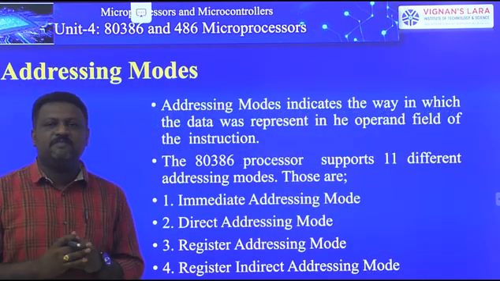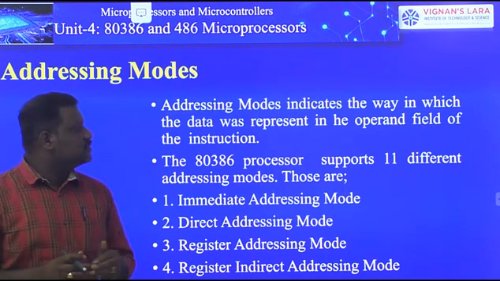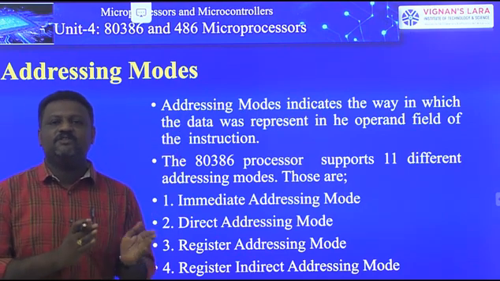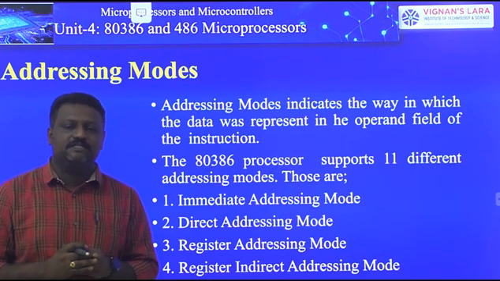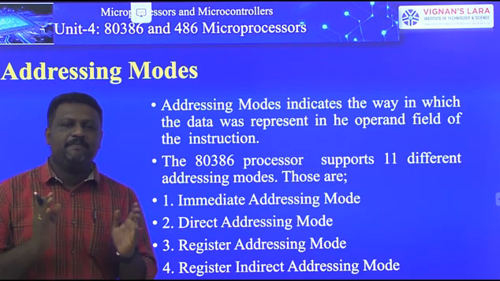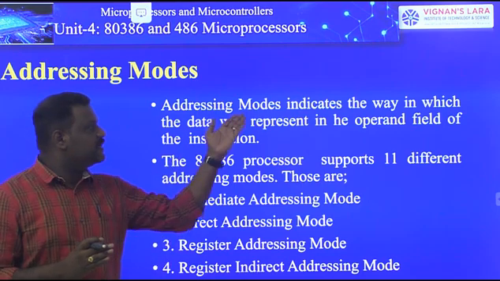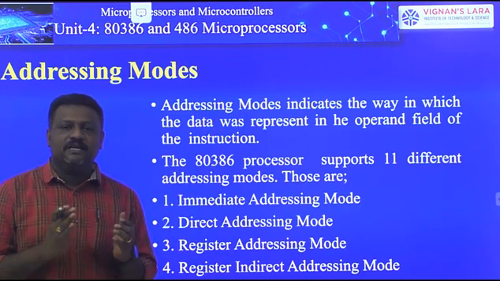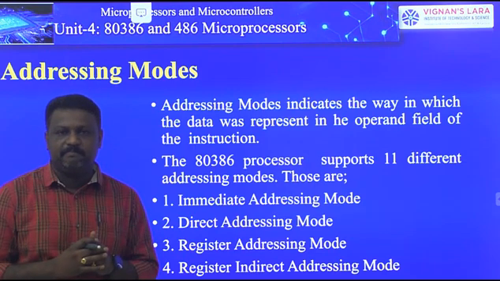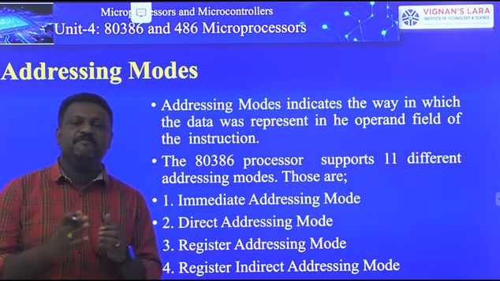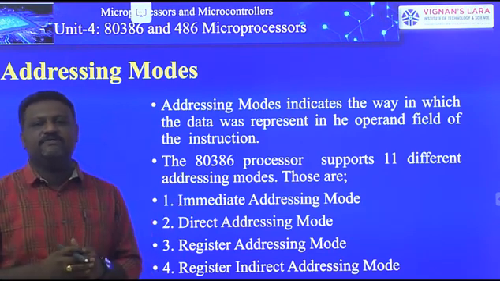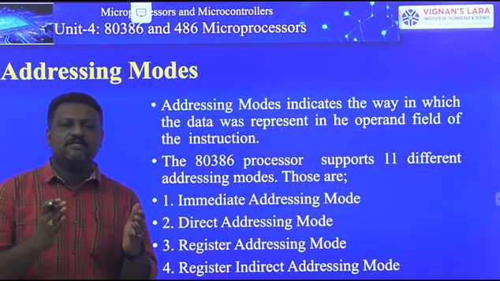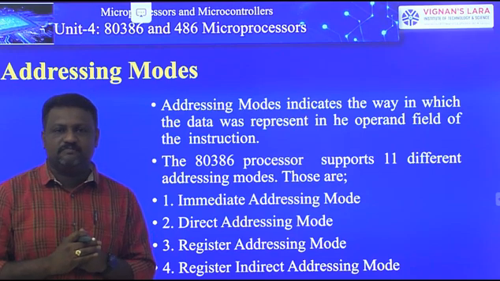So first, what is meant by an addressing mode? An addressing mode indicates the way in which data is represented in the operand field of the instruction. What are the different possible ways of representing data in the instruction? Those ways are called addressing modes.